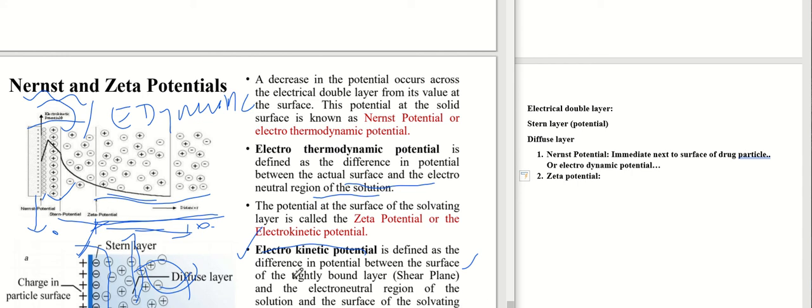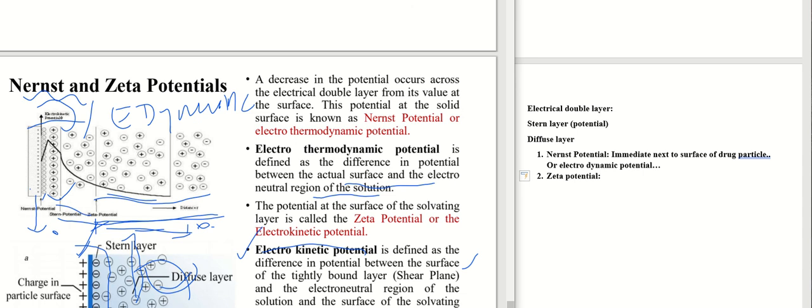So let me explain. Here we have two different potentials called Nernst potential and zeta potential, which are really very important. Nernst potential is a potential that exists on the surface of the drug particle, and it is also known as the dynamic potential, which is given as the difference in potential between the actual surface and the electroneutral region.